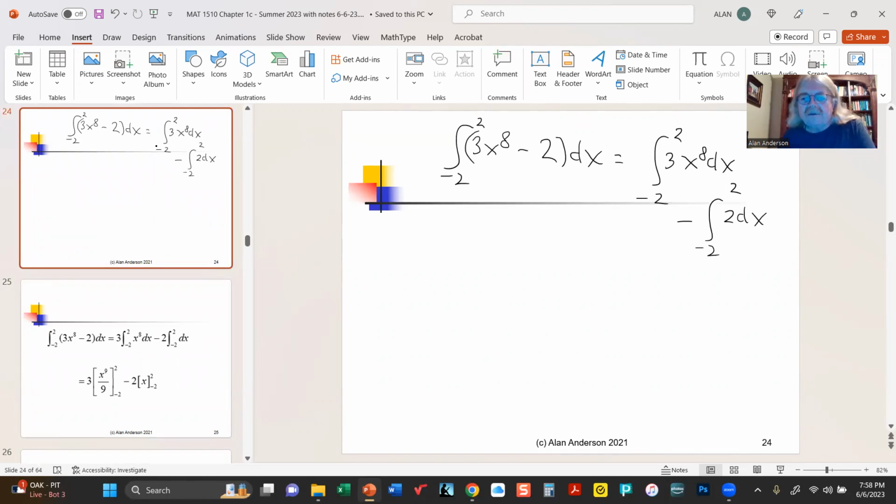Let's move that down here, make it a little neater. So what I'm going to do is move the constants on the outside, of course. And then I'll use the power rule.